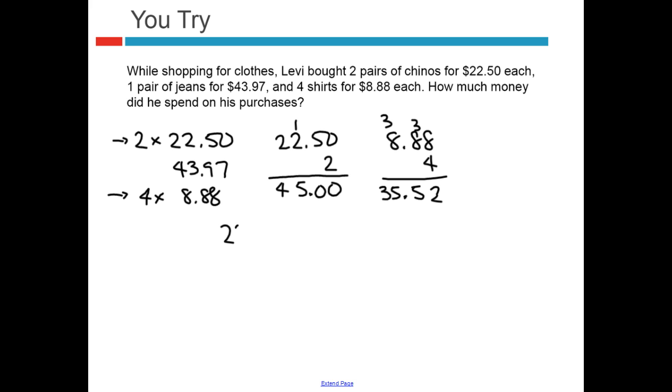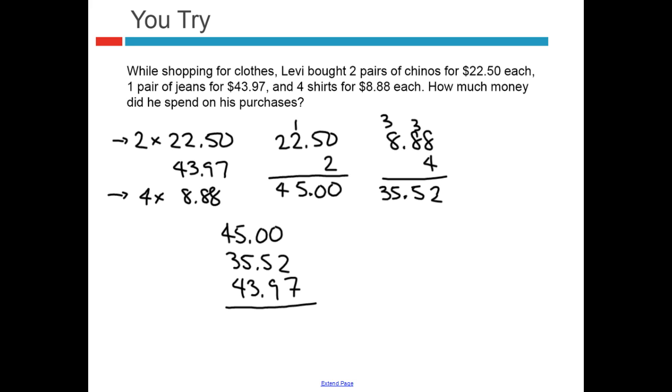So we have $22.50 plus the $35.52 plus the $43.97. Oh, that should be $45 because I multiplied by 2. I did all that work, right?